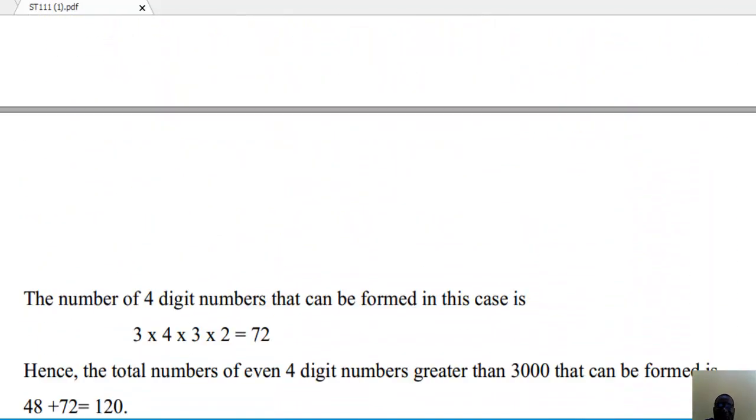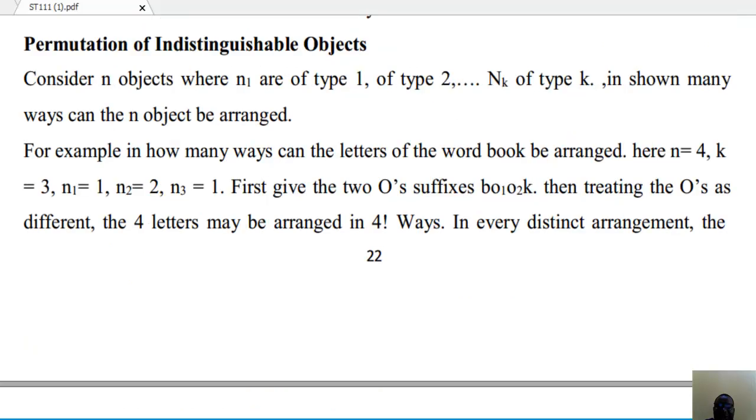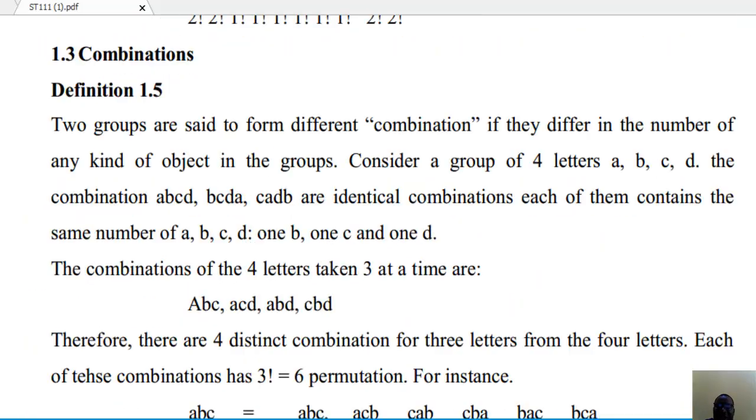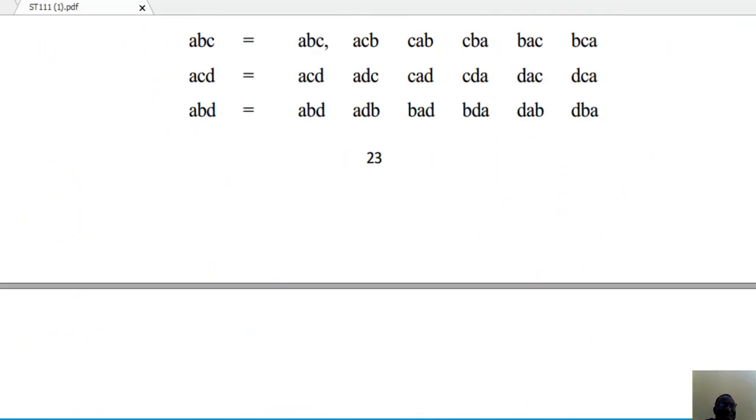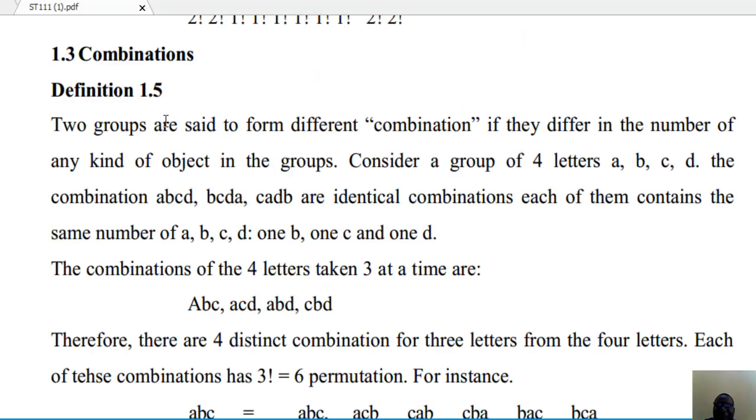Now quickly, I want us to look at combination. Combination is different from permutation, because in combination we are now selecting. You have a group of letters and you want to select out of it.